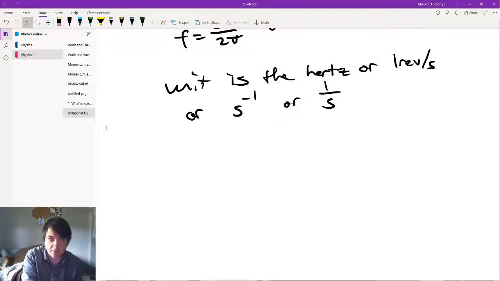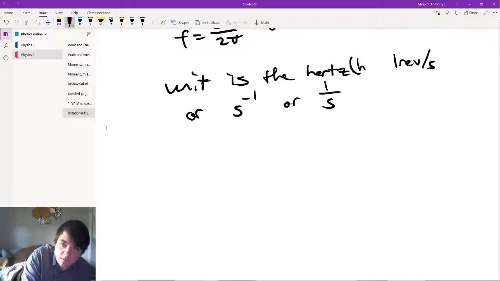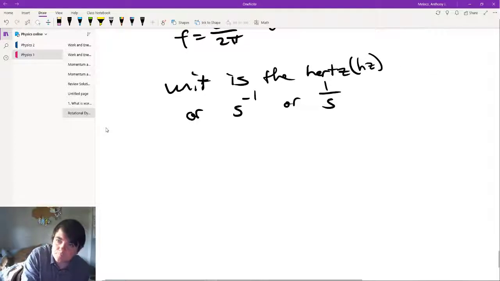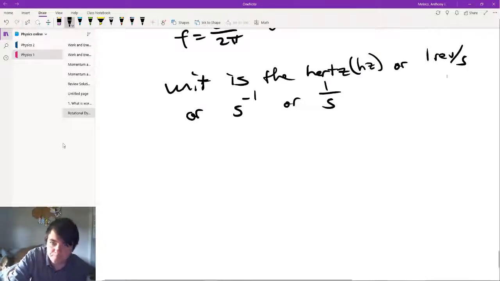I usually see the hertz as 1 over second most of the time. You can abbreviate this as Hz.